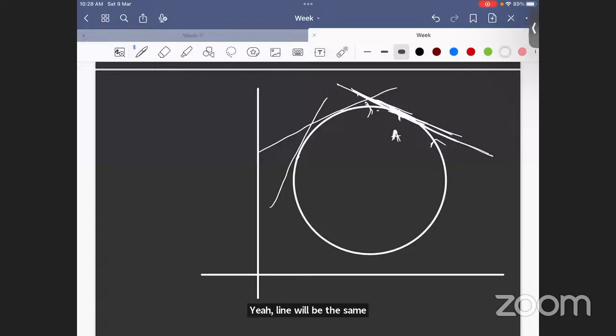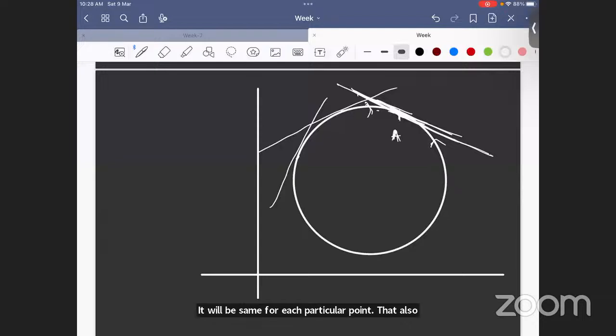The direction will be according to how the point is moving, and the point's behavior can be shown by the tangent at that point. Correct. Even the slope will be unique. It will be the same for each particular point. Whether it's going anti-clockwise or clockwise doesn't matter. The slope that you are getting with the x-axis will always be the same for a unique point.